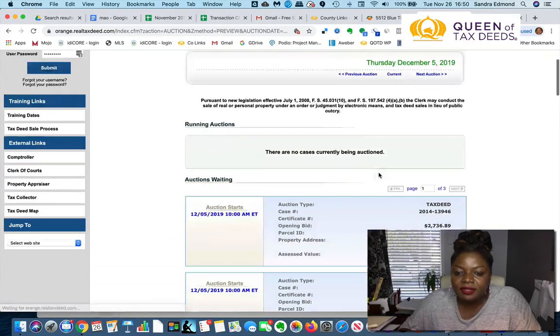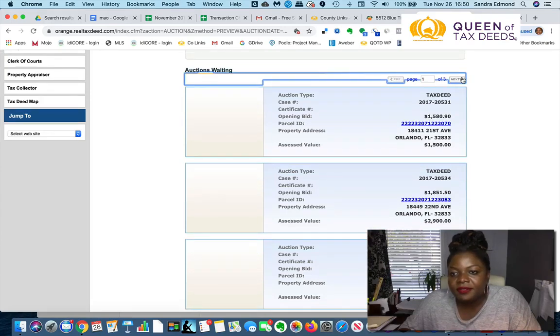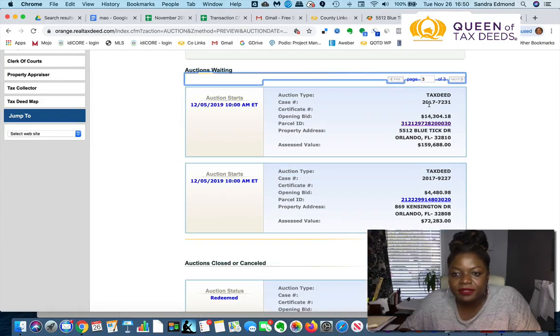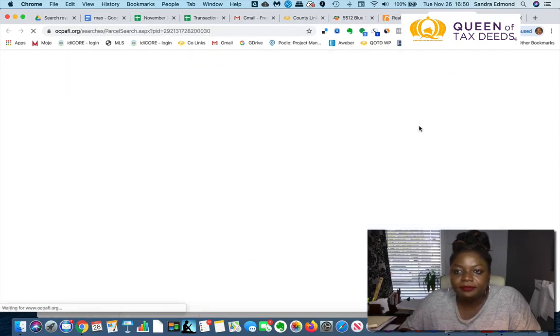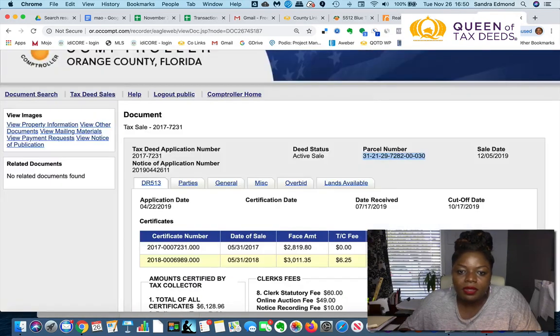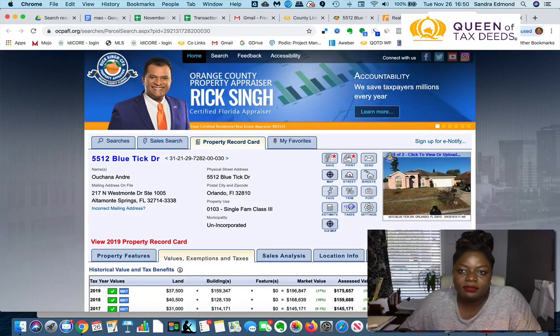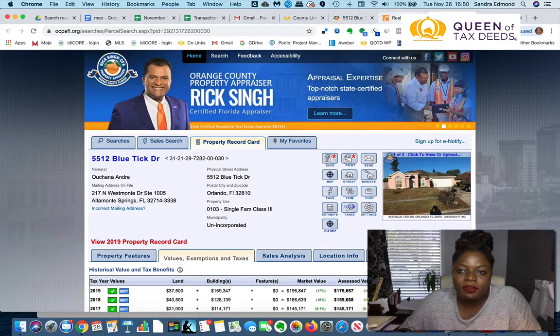I already know it's on the third page. There it is, 2017-7231. So you saw we went directly to the property appraiser's website and pulled it up, or we can go from the sales site and do it this way.